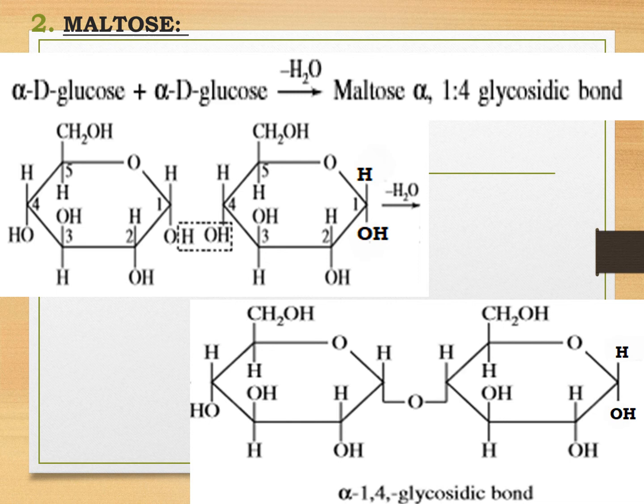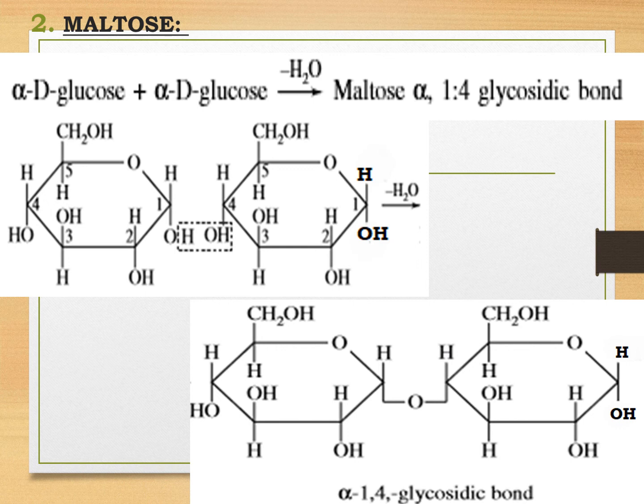Now students, maltose is a reducing sugar. Why is it a reducing sugar? Reducing sugar means a free aldehydic group. So you all can see the second alpha D glucose. Look at the first carbon of that second alpha D glucose. Over here you can see a free OH group.